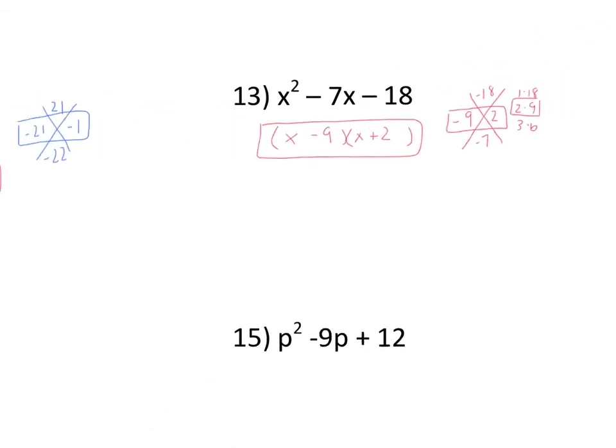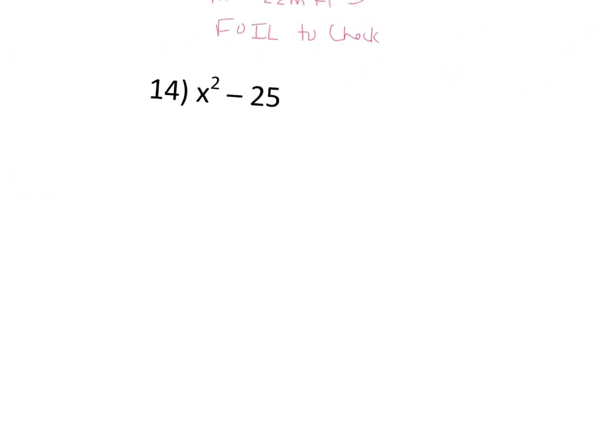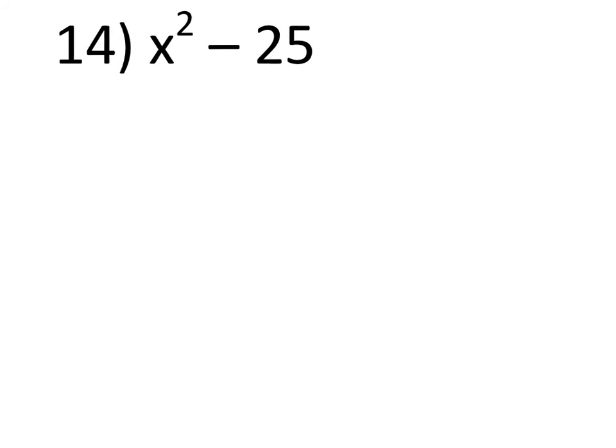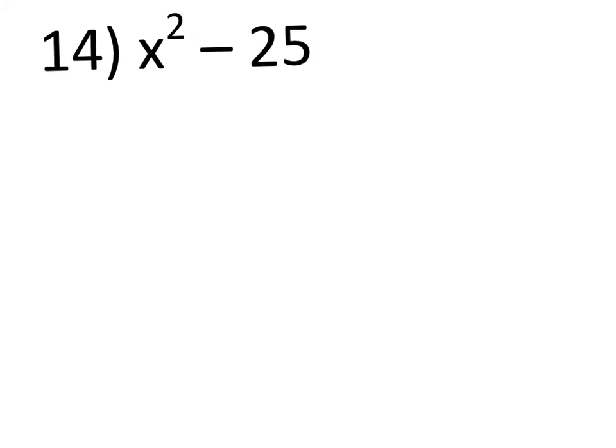Okay, so number 14. We talked about this briefly when we did our last worksheet, and that is, what do we do when there's no x in the middle? And I talked to you guys about rewriting it with a 0x in the middle. That still stands. So I've got x squared plus 0x minus 25.